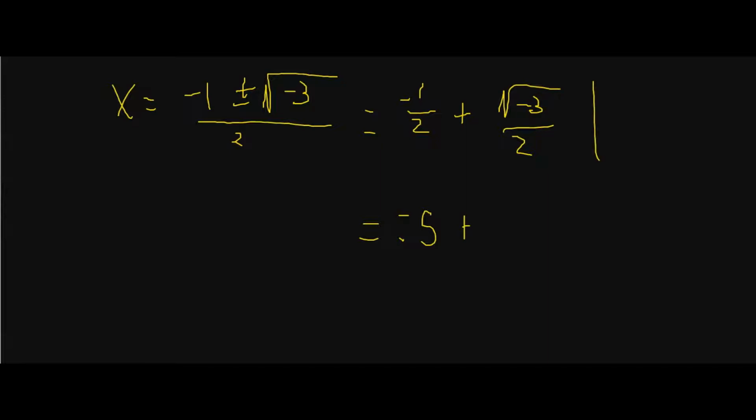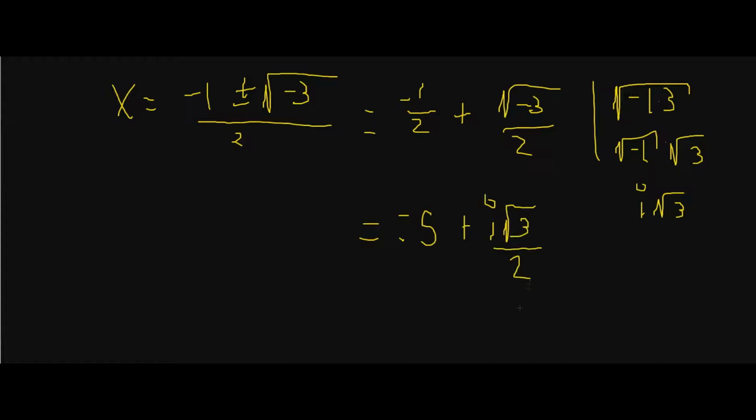Now this is kind of the same thing as the square root of negative 1 times 3. And remember, this is the square root of negative 1 times the square root of 3. So we can say that this is i square root of 3. We're just pulling out that negative. We're getting complex roots, imaginary roots. And so we're going to get i square root of 3, all divided by 2. Right? Oh, don't forget our plus or minus here.